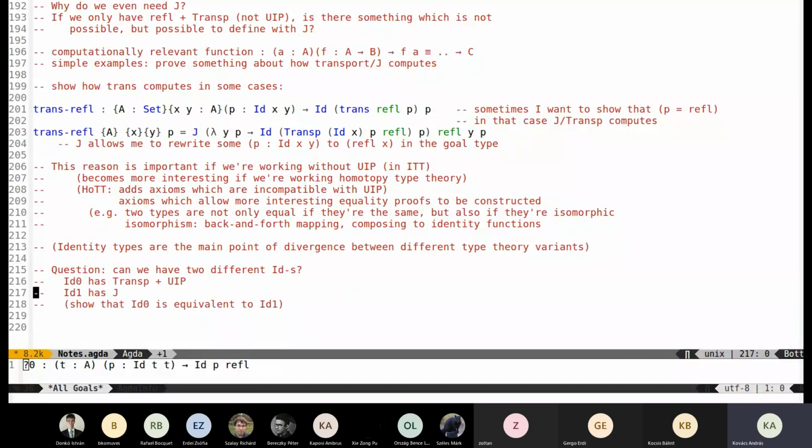So we cannot do this simple thing, but what works is if we have a two-level type theory.